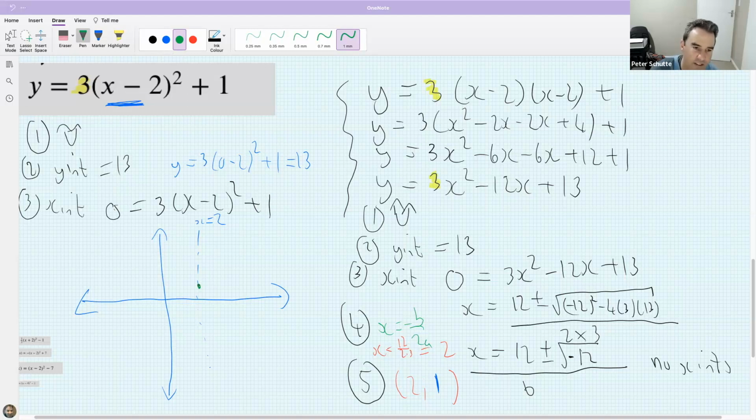The reason there's no x-intercepts is because this is a happy graph, so it never goes below the x-axis. We know that the y-intercept was 13, and it never cuts the x-axis. So we just have the turning point, which is (2, 1), we have the y-intercept, and then we just label the function. So there are some parabolas that never cut the x-axis.